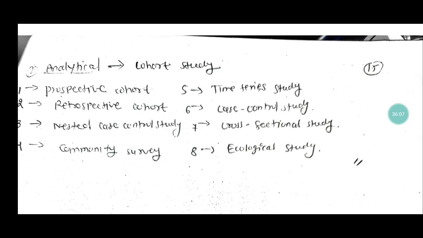So the analytical cohort, prospective cohort and retrospective cohort, nested case control studies, community survey, time series studies, case control studies, cross-sectional studies and lastly ecological studies.